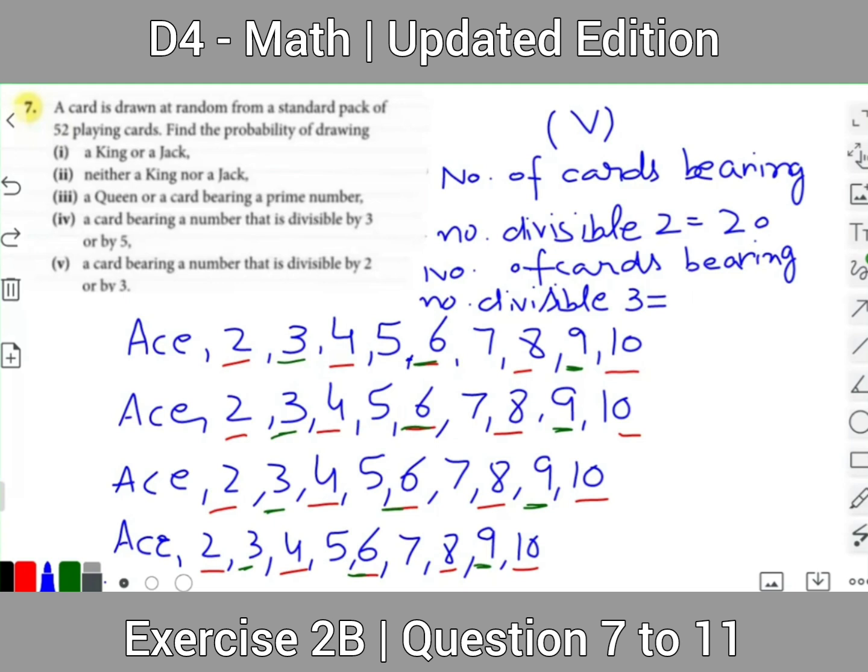We will consider just 3 and 9 as numbers that are divisible by 3. So here we have 1, 2, 3, 4, 5, 6, 7, and 8 cards bearing numbers divisible by 3.